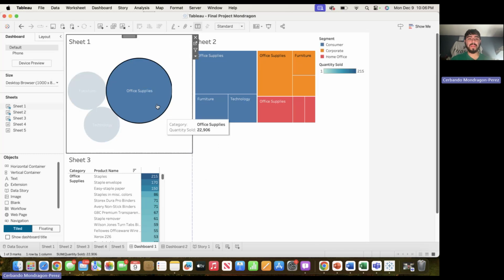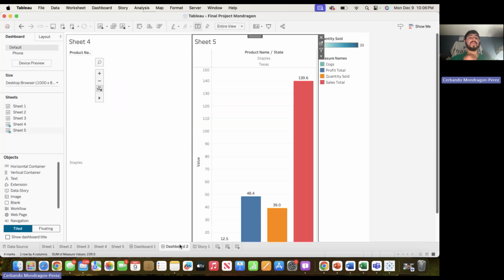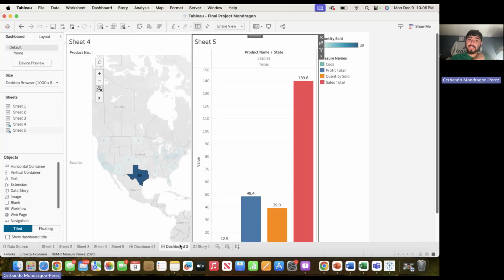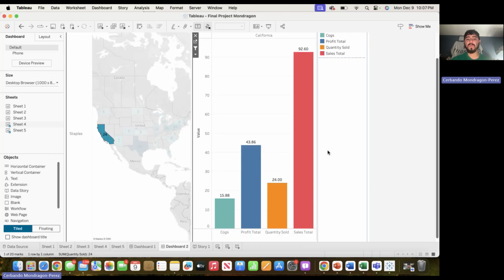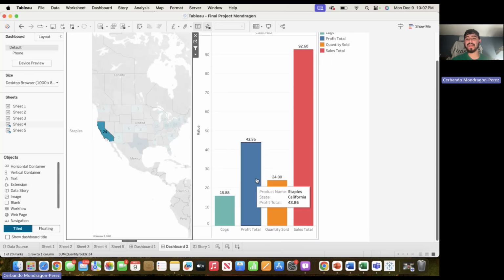And then my dashboard two is more of an interactive one. With this one, you get the same thing you have on sheets four and five, but you can click on different states and see what their cost of goods sold was, their quantity sold, their profit total, and their sales total.